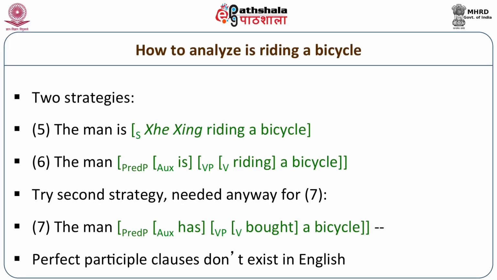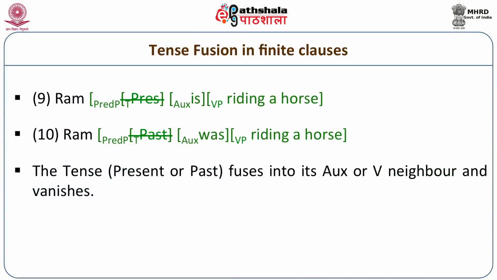If the man has ridden a bicycle does not allow ridden a bicycle to be treated as a participial clause with a separate subject and a separate tense marking for this reason, then we conclude that the analysis we are postulating for the man has ridden a bicycle must also apply to the progressive form the man is riding a bicycle. We therefore conclude that the -ing in riding a bicycle gets licensed in a sentence like the man is riding a bicycle not by tense fusion from a separate tense marker x-ing, but by the auxiliary be.